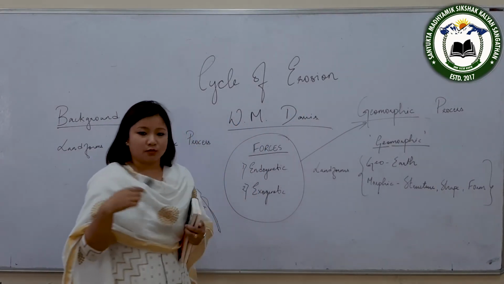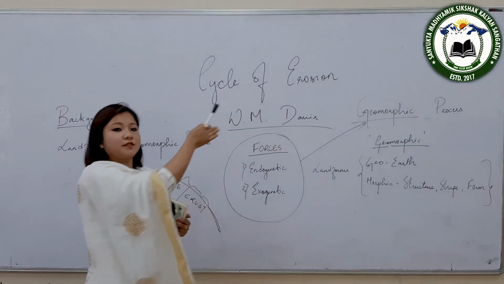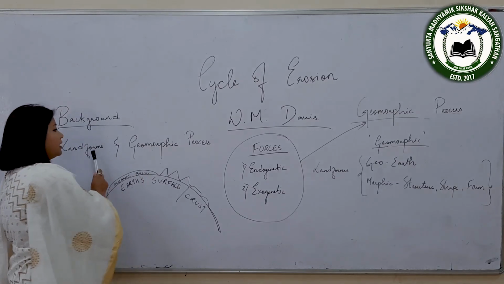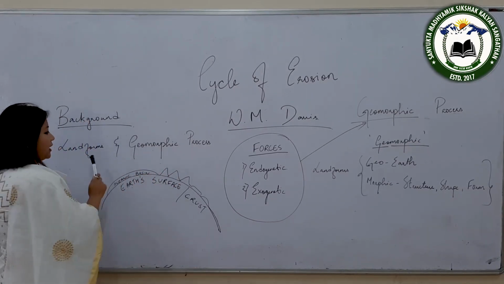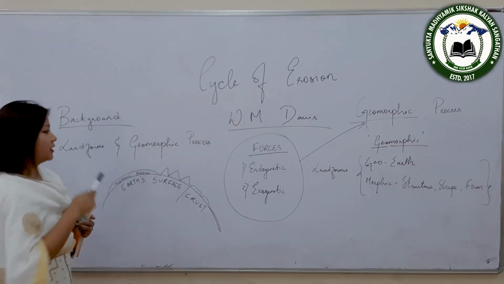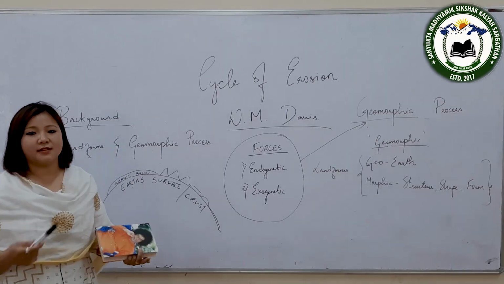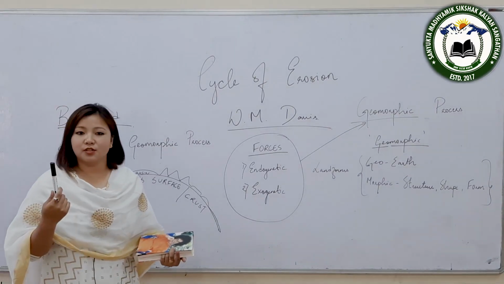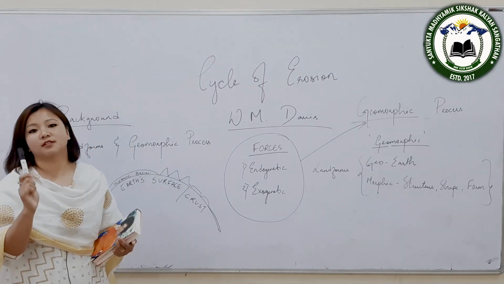So before I get into the concept directly, I would just like to give some ideas regarding the landforms and geomorphic process. Just take it as a background. To define landforms, landforms are simply the relief features or the physical features that are situated over the Earth's surface.